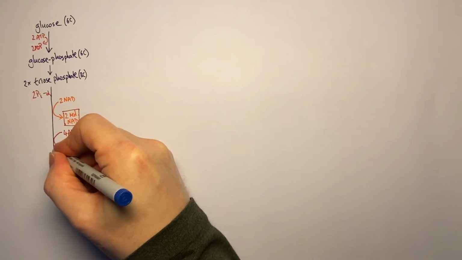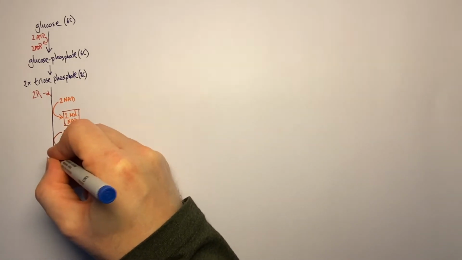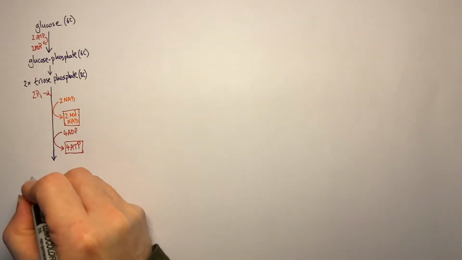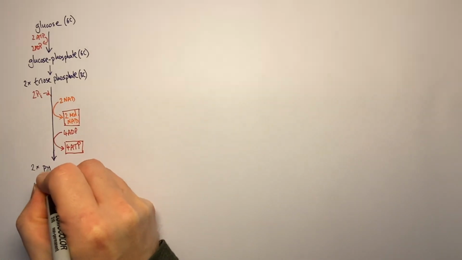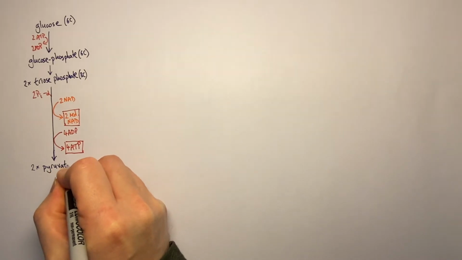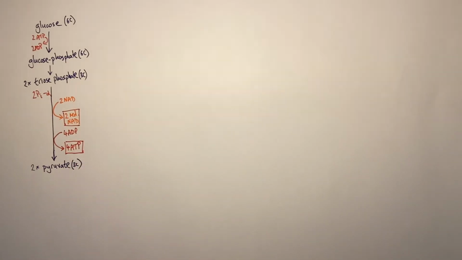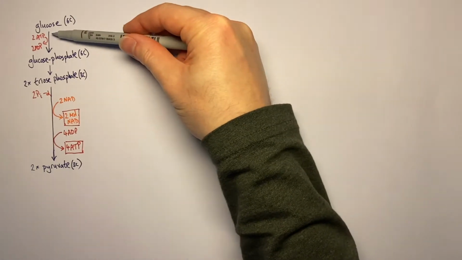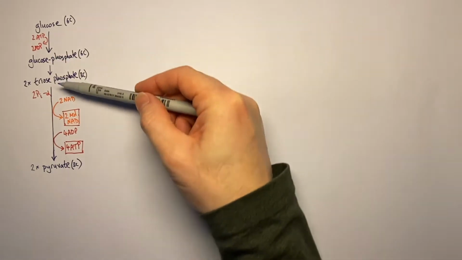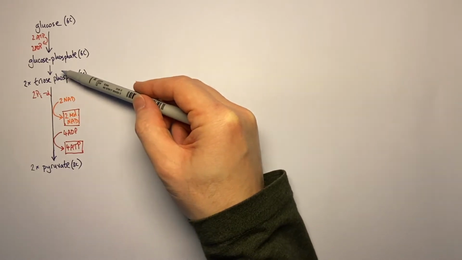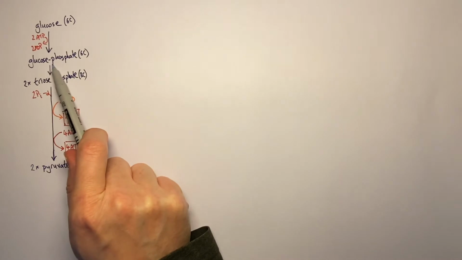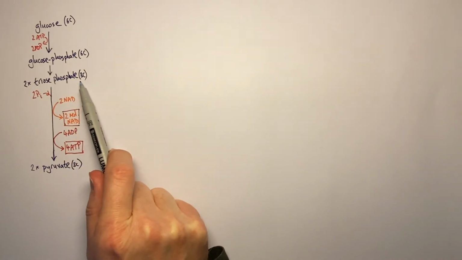So once we've had all those reactions taking place, we end up with 2 molecules of a substance called pyruvate, and that is also a 3-carbon compound. That is glycolysis. So please remember that this is a phosphorylation here of glucose. We sometimes call this a lysis or a lytic reaction, because the 6-carbon compound is broken down into 2 3-carbon compounds.